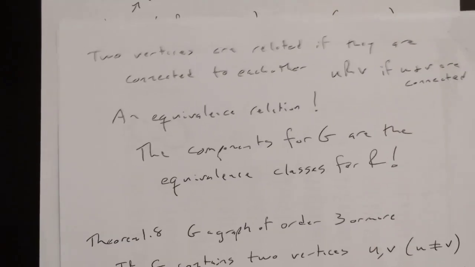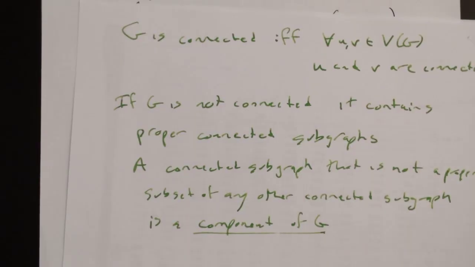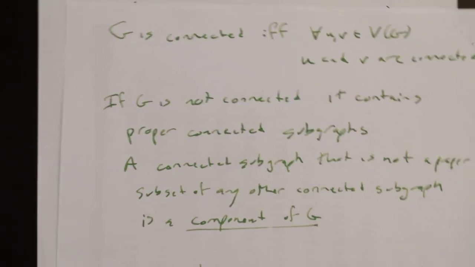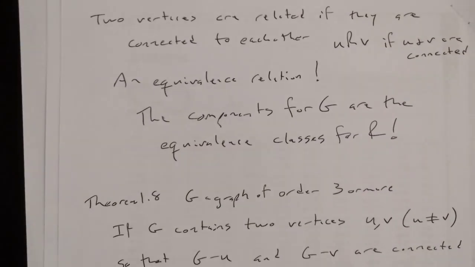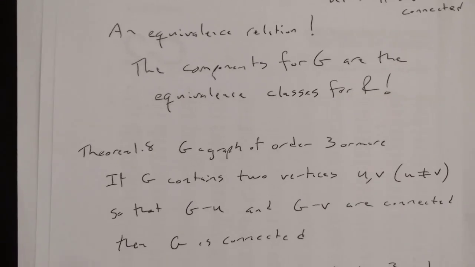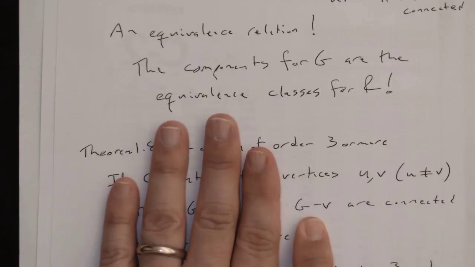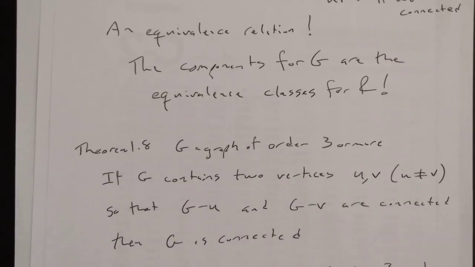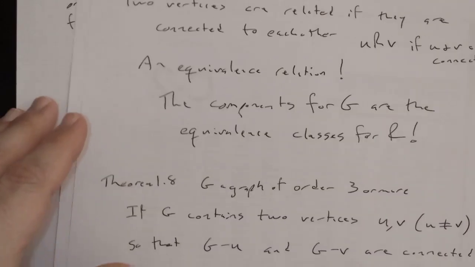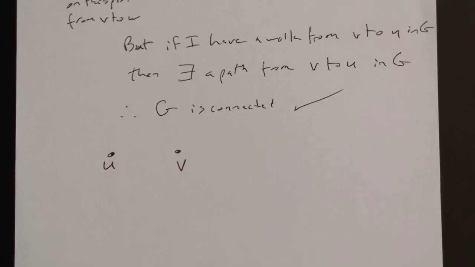Let me back up. G minus V is connected. It's talking about the entire graph? It is talking about this graph, G minus V. So everything has to be, all of those bits must be connected when I take away V. Yes. When I say the thing is connected, it means all of the vertices in that thing are connected to one another. Okay.